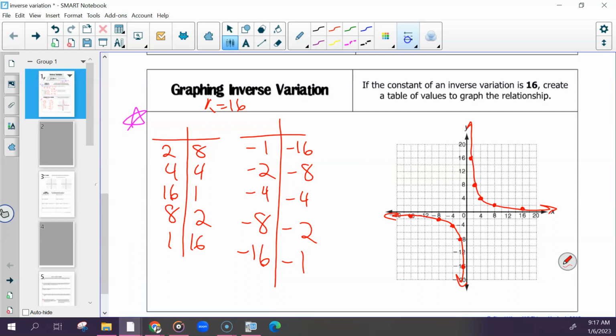Anything that does not look like this would not be inverse. So really, you just need to know what it looks like. Questions on that?